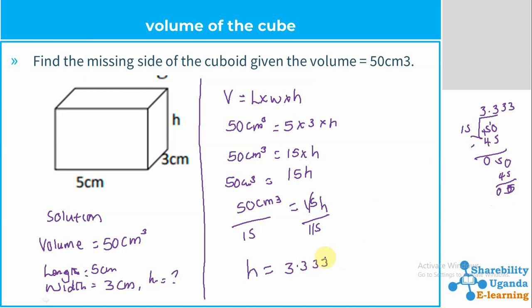This number is recurring, so we put a bar over it to show that it is recurring. Then this is in centimeters. This is how we can find the missing side, especially when they have given the volume.